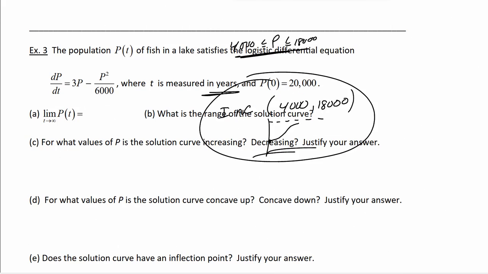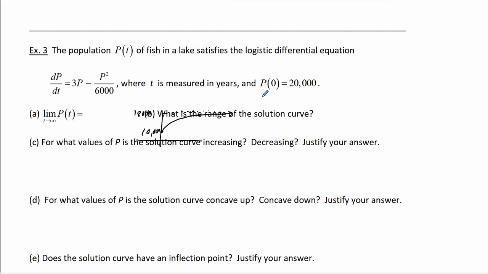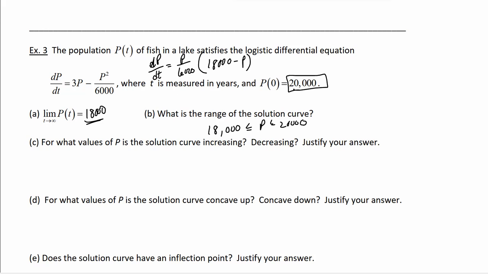So we can say that it's decreasing from 18,000 to 20,000, because that's all I care about. That's in the solution curve. Anything outside of those bounds doesn't matter.